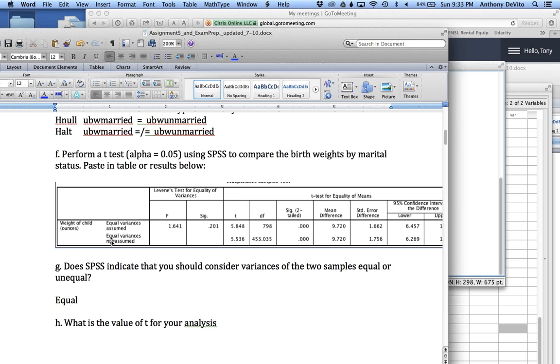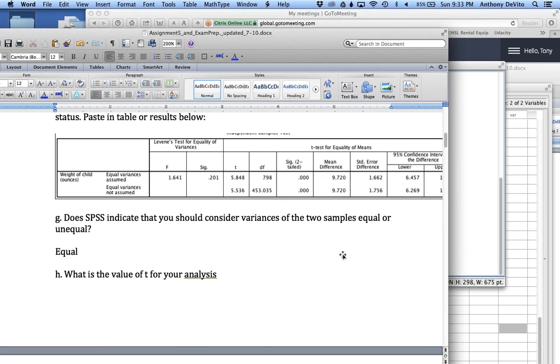If this is less than 0.05, we go to the second line and use that line for the t-test instead of the top line. If this is greater than 0.05, we use the top line, which is what we wound up using in this case. I just want to point out that the significance turned out to be 0.000 and the t-test turned out to be 5.848.